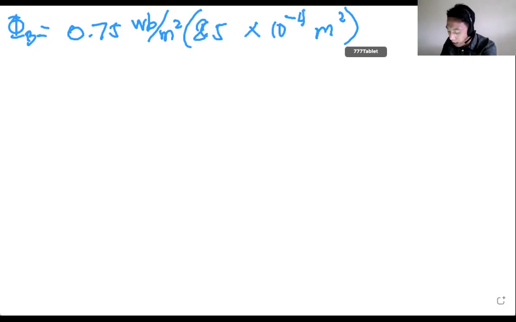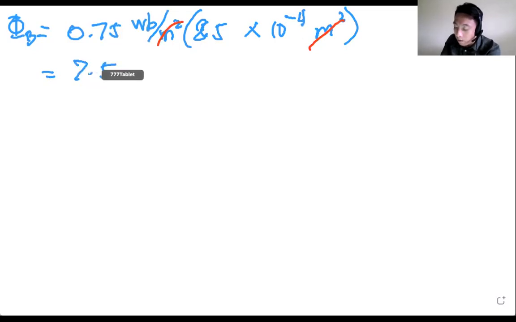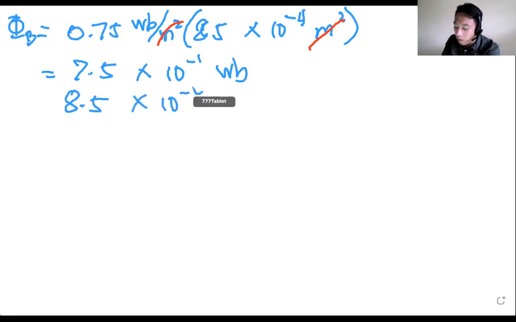From this point, we can cancel the meter squared. We put the scientific notation for 0.75, that is 7.5 times 10 raised to negative 1 Weber per meter squared, multiplied by 8.5 times 10 raised to negative 4.